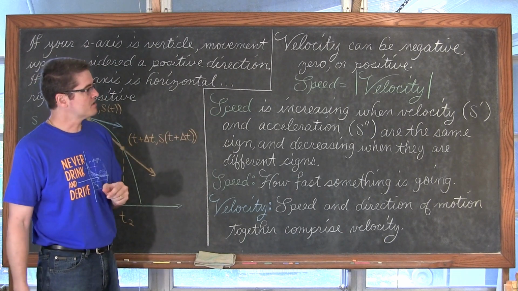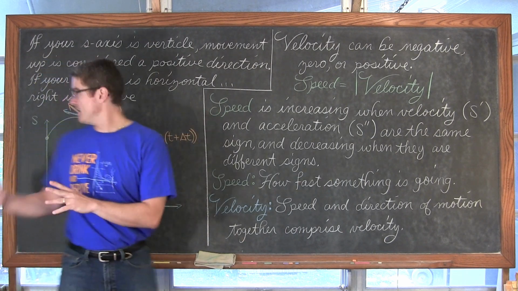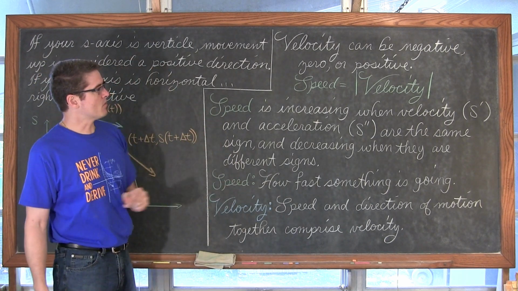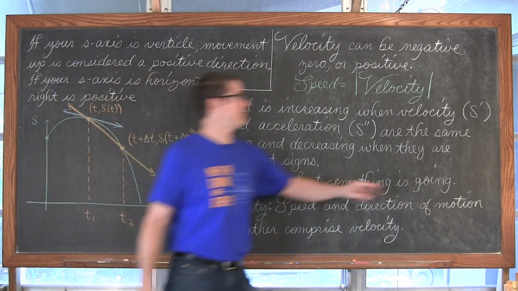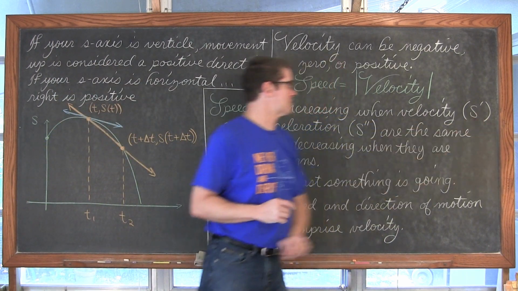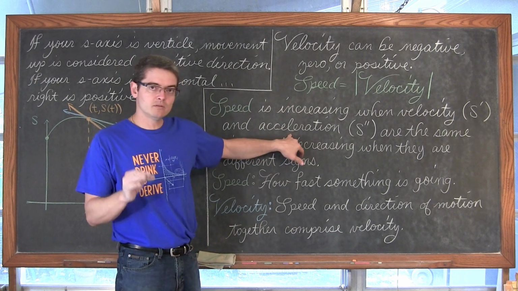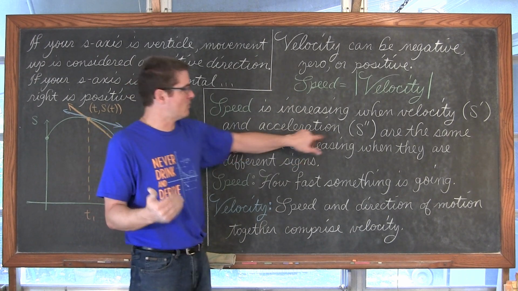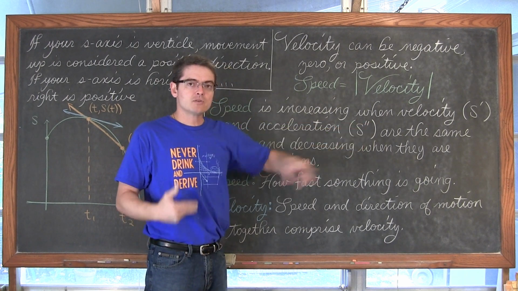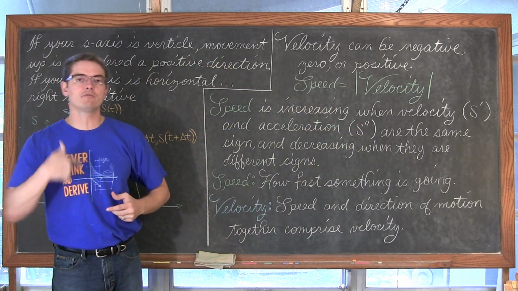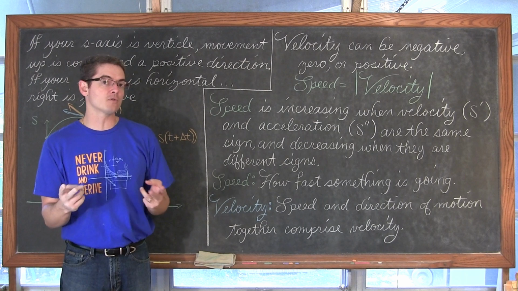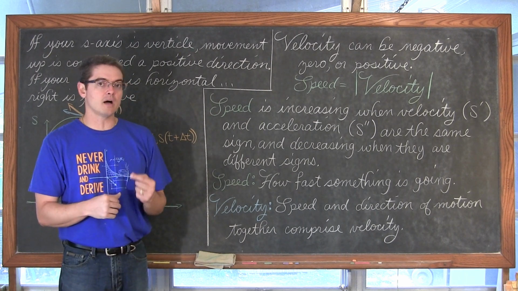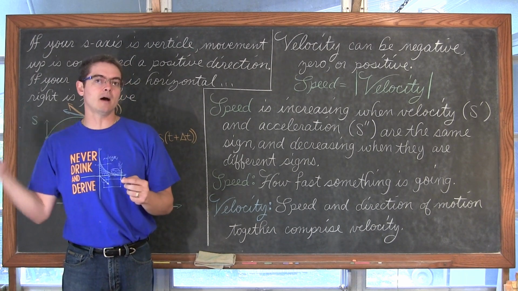So speed is increasing, and I gave you a hint of this over here, when velocity, which is the first derivative of your position function, and acceleration, which I just mentioned for the first time, gravity is a form of acceleration, well that's s double prime. So if you're given a position function and you find the first derivative of that, then you are talking about the velocity of that object.